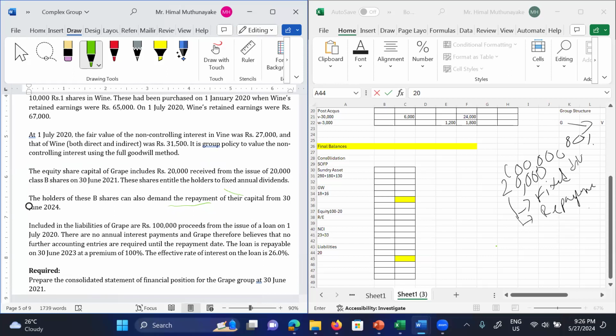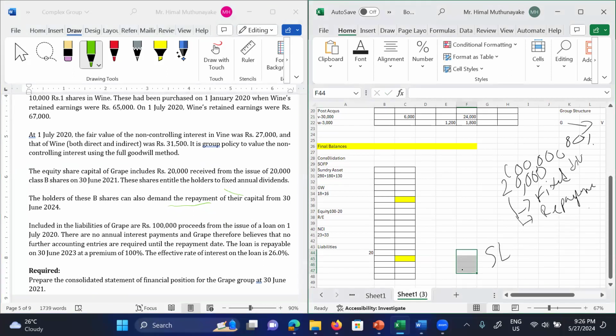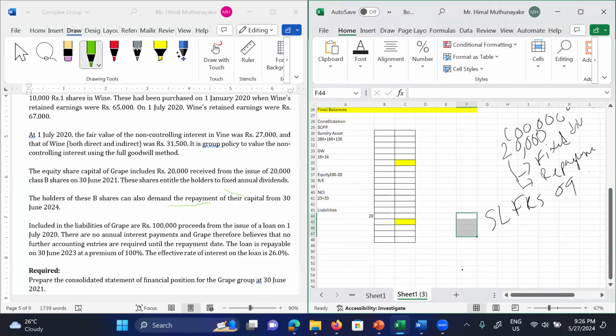Right? So that is wrong. According to the SLFRS 9, what we have learned, whether you have paid or not, you need to account for that interest by using the effective interest rate. So therefore, there will be a 100,000 loan. The effective interest rate will be 26%.